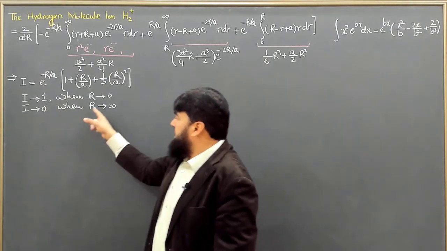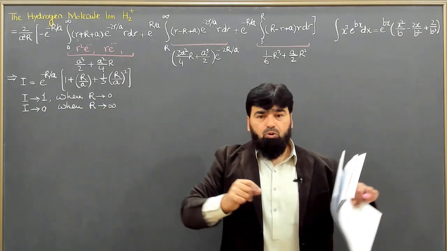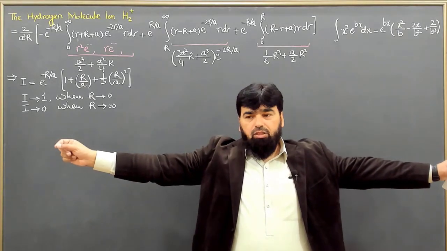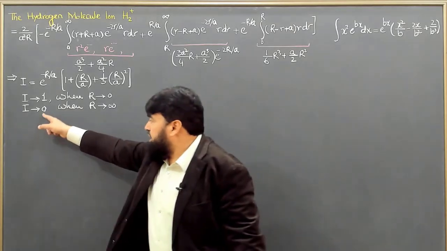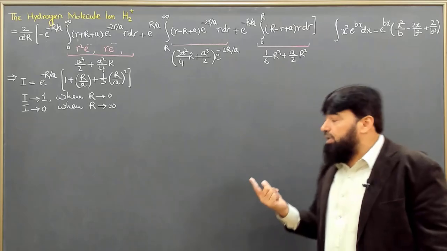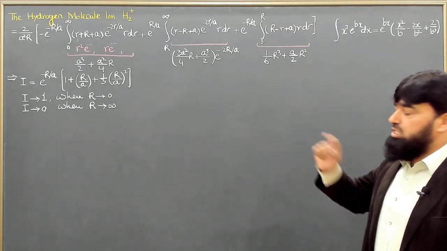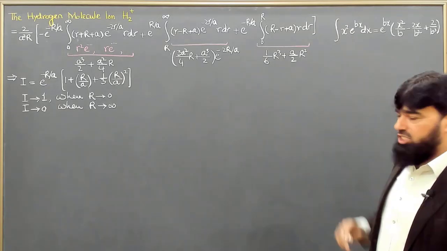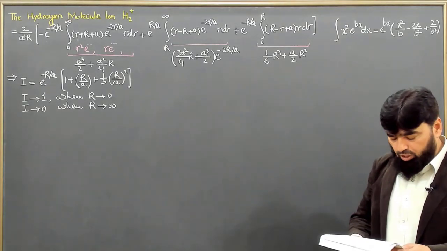While when R goes to infinity, the two protons are farther apart from each other, then the two waves are actually not overlapping at all. So the interaction or the overlapping term goes to 0. So this is the concept behind this overlapping term. The rest are just the calculations.